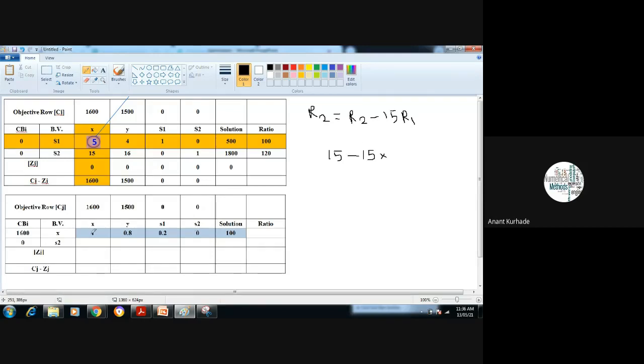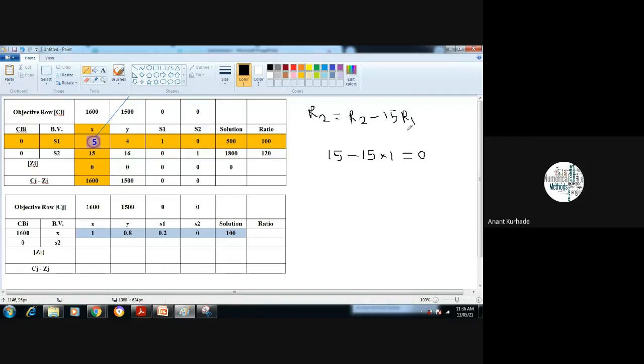R1 means this value, 1. So we get 0 here. So what is the formula? R2 new value is equal to old value minus 15 into new value.